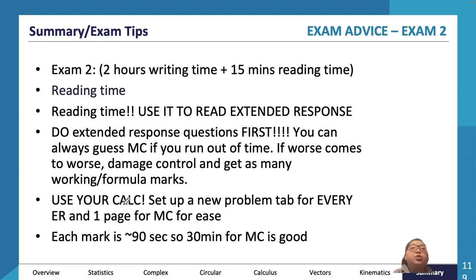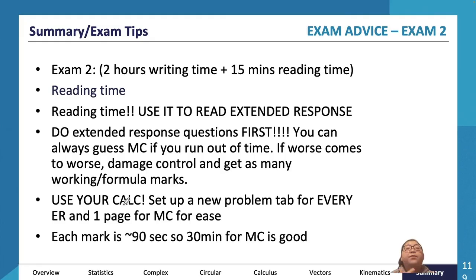Exam two, once again, try to use reading time wisely. Use it to read the extended response first. And then what I like to do is a couple of multiple choice in the reading time as well, and I found that helped me manage my time better. With multiple choice, because you can always guess, it's probably smart to do extended response first. But see which one works better for you when you're doing exams.